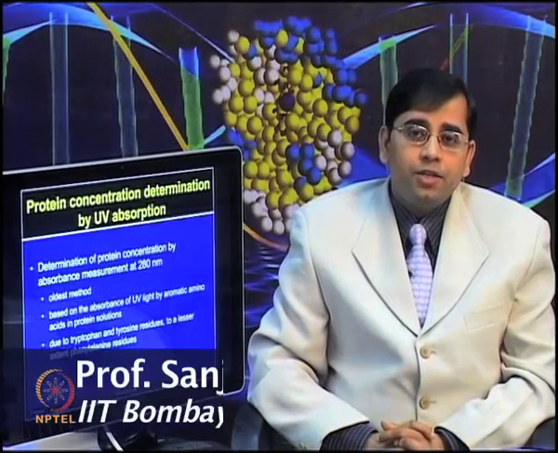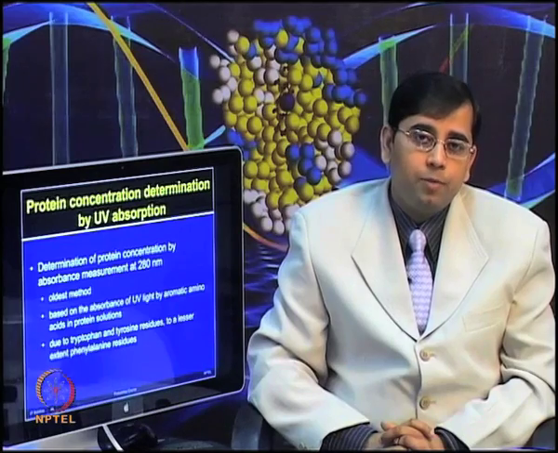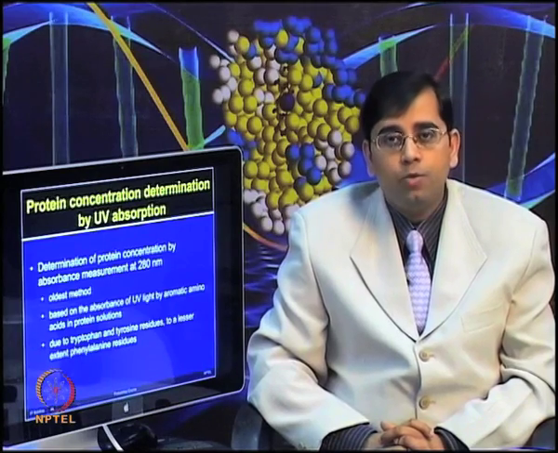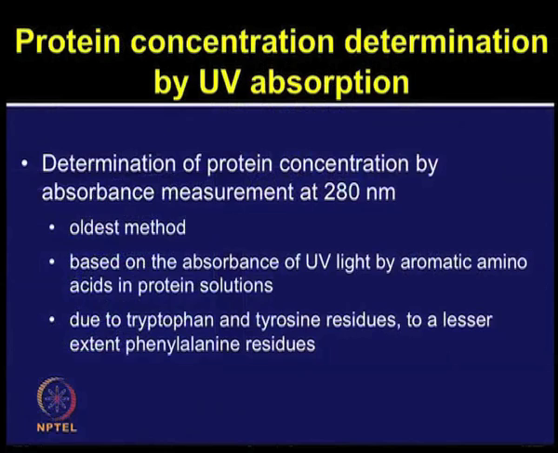The protein concentration determination by UV absorption is one of the very commonly used methods, in fact the oldest method used to determine the protein concentration, by the absorbance at 280 nanometers. This method is based on the absorbance of ultraviolet light by aromatic amino acids such as tryptophan and tyrosine residues, which are present in the protein solutions.